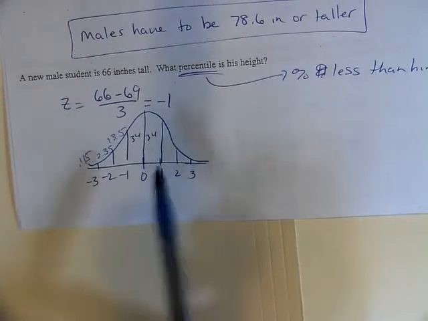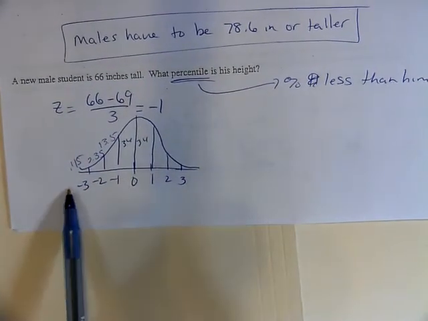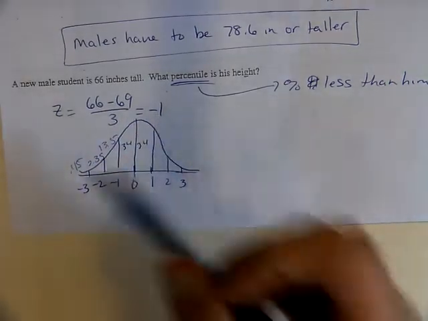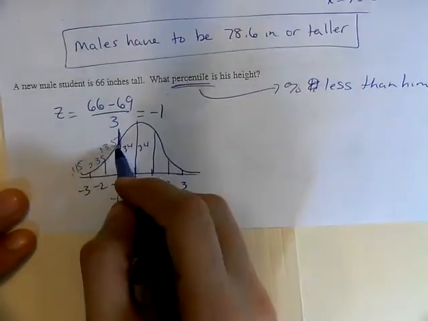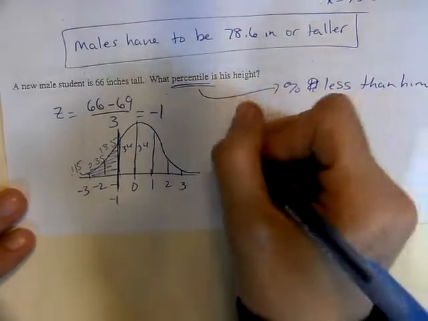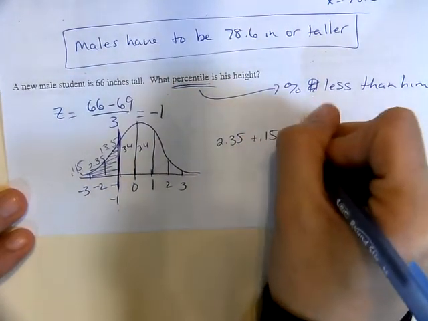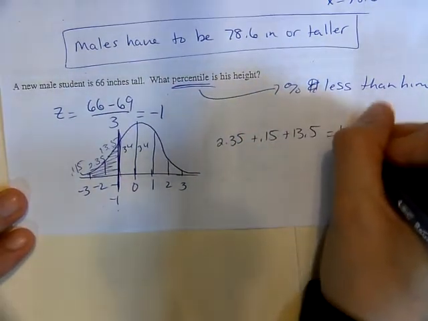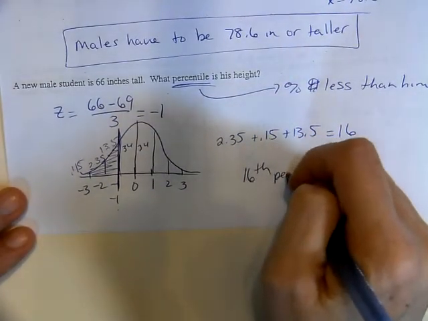It all works out the same. So for the standard z-score, you just start at 0 and go from plus 3 to minus 3. So if he's at negative 1, this is where he is. I want the percent less than him. I'm going to add up all three of these. So 2.35, 0.15, and 13.5 gives me 16. So he's the 16th percentile.